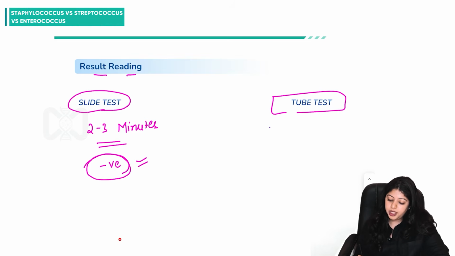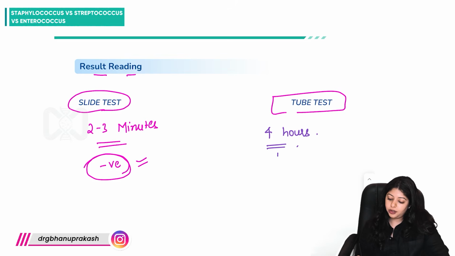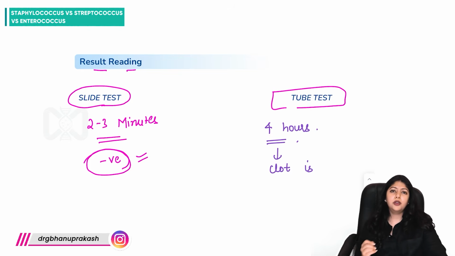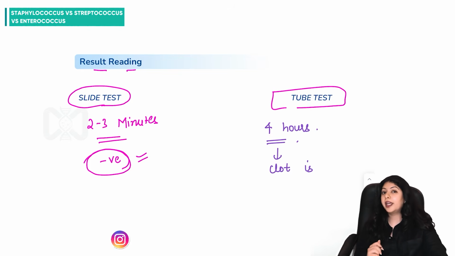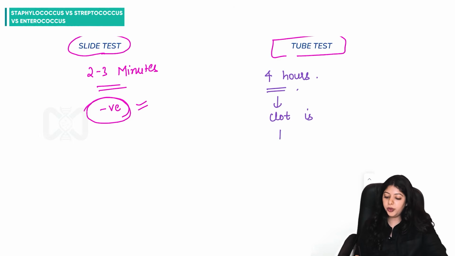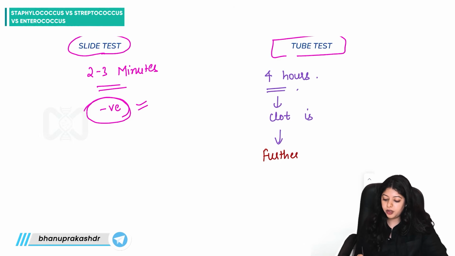Since we have already incubated the tubes for 4 hours, in case a clot is not formed or it is not visible to you, we are not going to consider it a negative test, but we are going to further incubate it for 18 hours at room temperature.